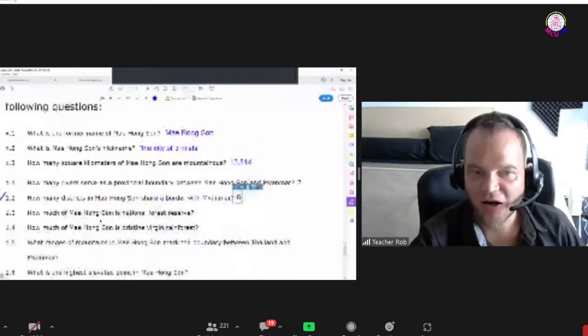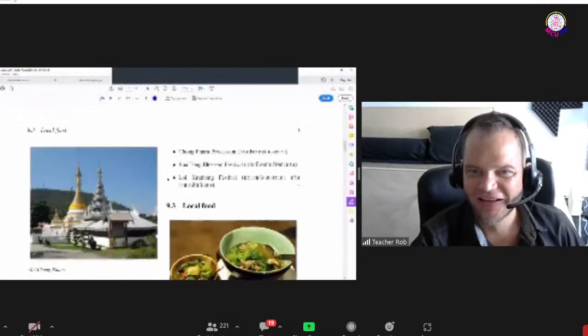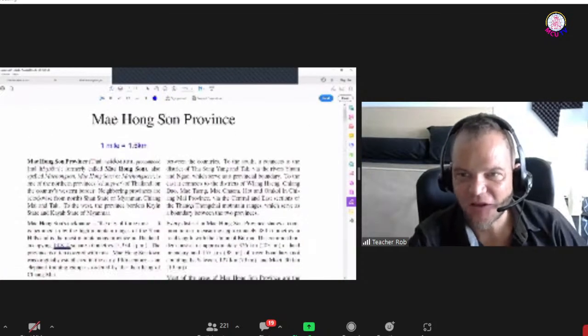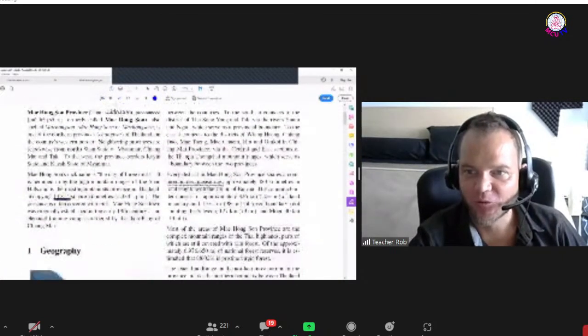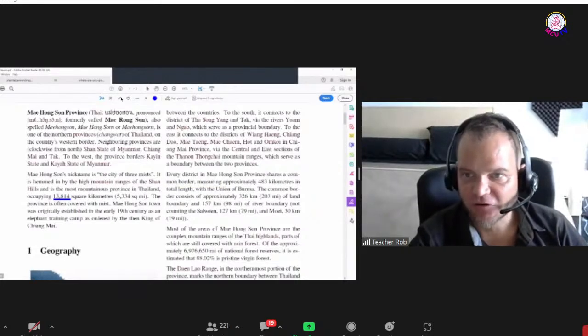How much of Mae Hong Son is a national forest reserve? Okay, so that gets into the next one. Here's a little bit more about those rivers and the borders. It says every district in Mae Hong Son province shares a common border measuring approximately 483 kilometers in total length with the Union of Burma.